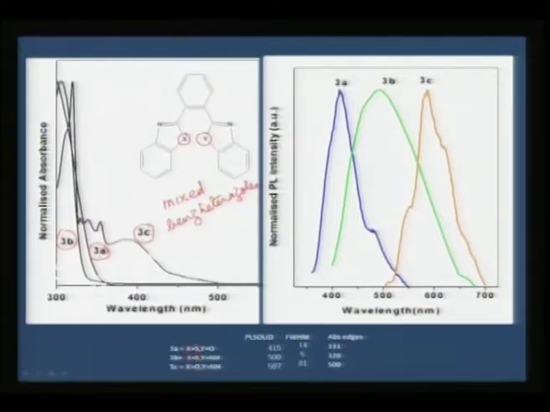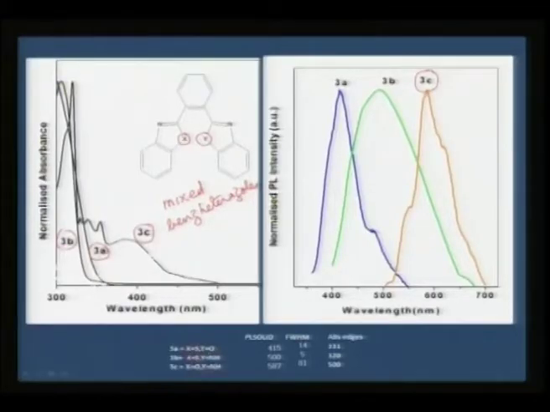Now if you look at the 3C molecule, again wherever oxazole is involved, you see these are red shifted, therefore it is showing an orange color, whereas if you have the 3B molecule which involves imidazole, again you see a green emission, and in the case of the sulfur and oxygen combination, oxazole and thiazole, you see near UV emission coming, somewhere around 410 nanometers or so.